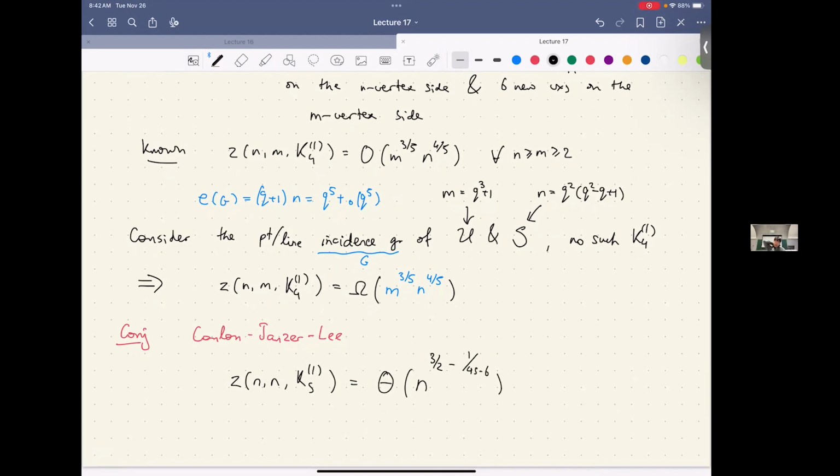Here they prove already the upper bound, so we need to find a lower bound construction. This even for K4 is open because for K4 we only have the asymmetric case.